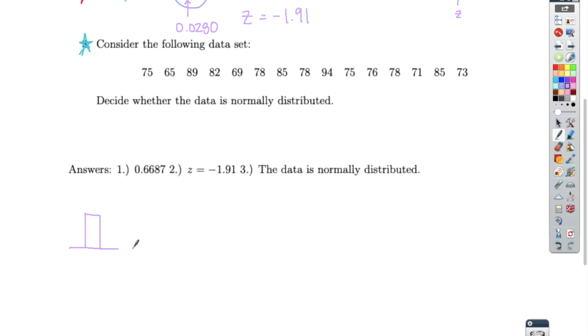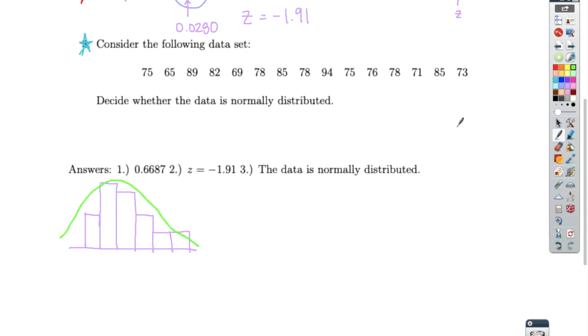I've got a bar, and then I've got a taller bar. And then they taper off like this. And there's a little bit of a tail. This one might have a little bit of skew. Now, when I'm looking at this, it's not a perfect bell curve. That's one of the limitations of doing a histogram, but it does have this general bell curve shape.